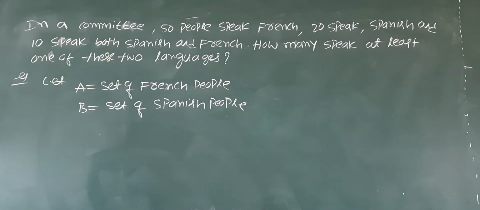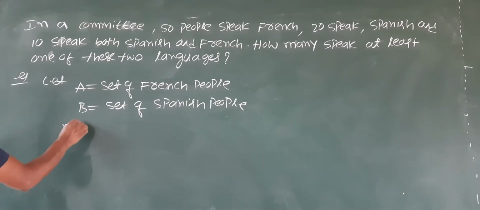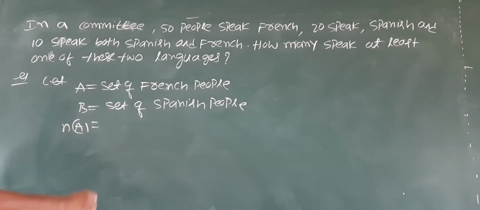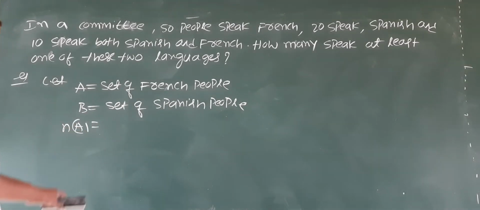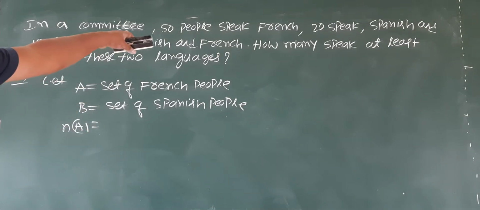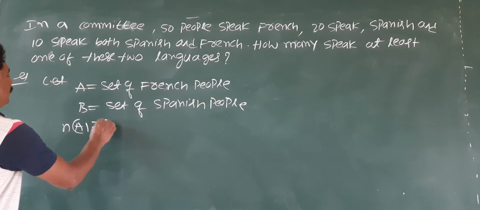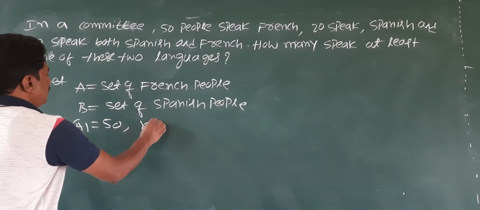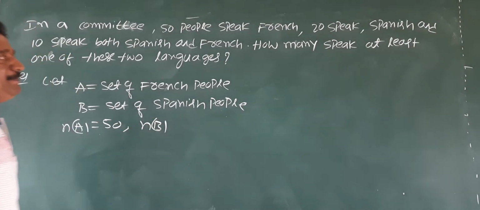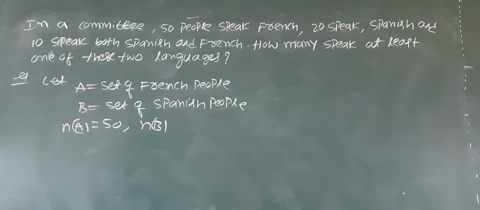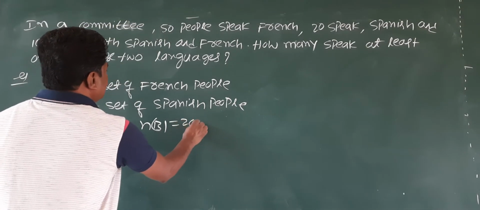Tell me the number of elements in A. How many people are speaking French? In a committee, 50 people speak French. So write n(A) = 50. Now n(B), the number of people who speak Spanish: 20 speak Spanish. So 20.